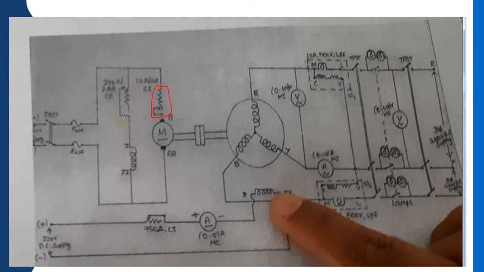So the supply is connected to the rheostat, then the rheostat to the field, and the field back to the supply. So this is about the circuit connection. You understood the synchronous motor connection and the other motor connection.